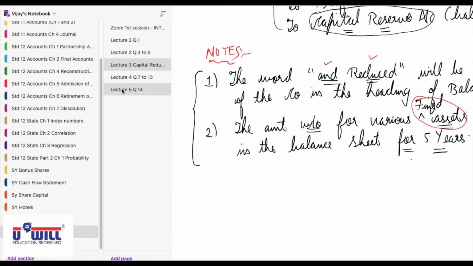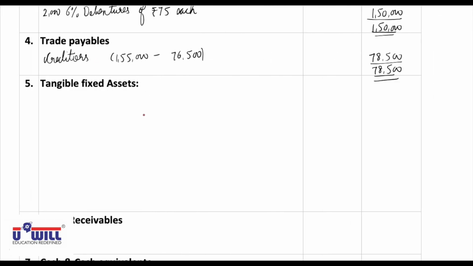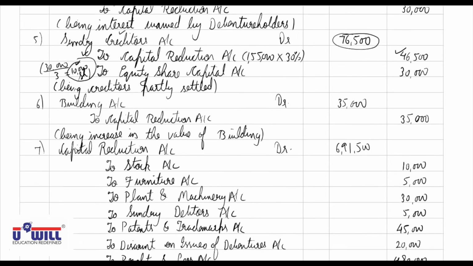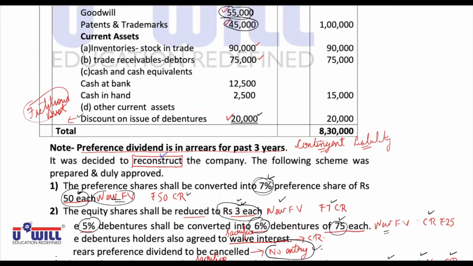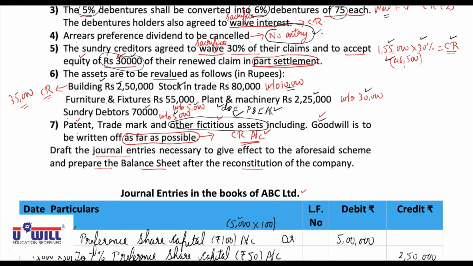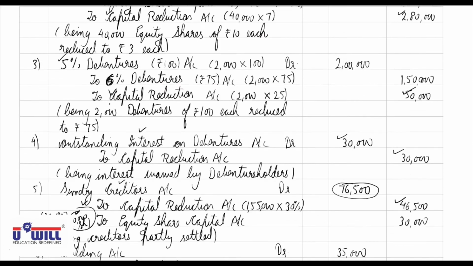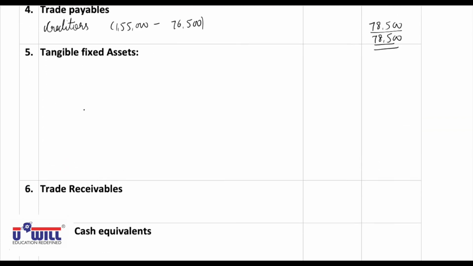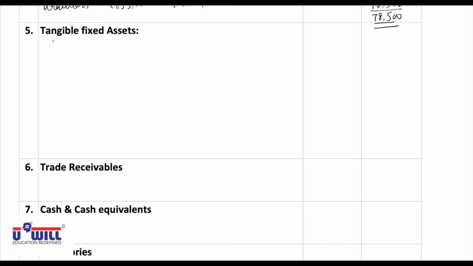So directly we cannot write the final value. We have to show the amount written off. Let us do it one by one. In the previous balance sheet, in tangible fixed assets, we had building. That building of 215 has now become 250, which we can write directly. Only the written off is to be shown separately. So building you can write in the notes as 2,50,000 directly.